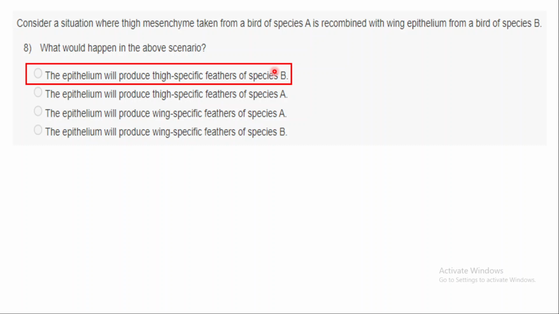Okay, let me give you another example to make it clear. So let's say the genetic makeup of these birds are very different. Let's say mesenchyme from A is an ostrich and B is a parrot. Now the genetic makeup is very different, right? So whatever the signal the mesenchyme is giving, that might not be present in the next species.